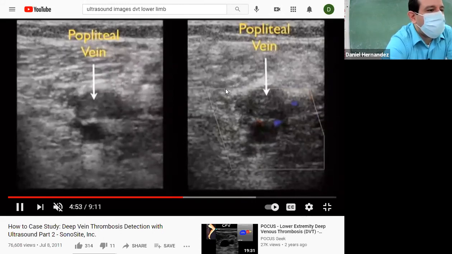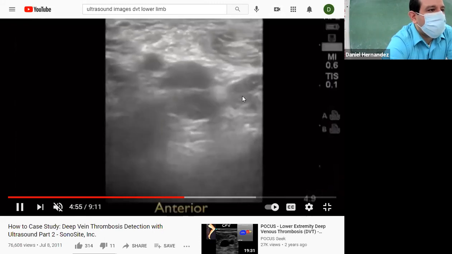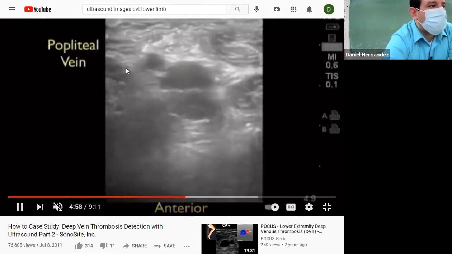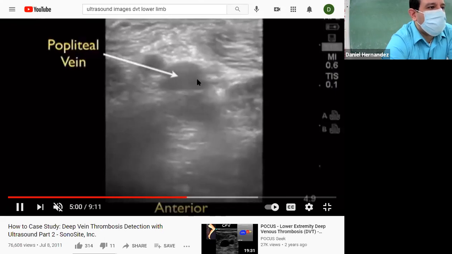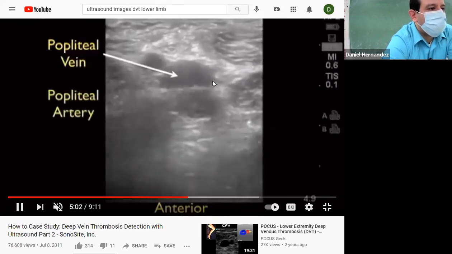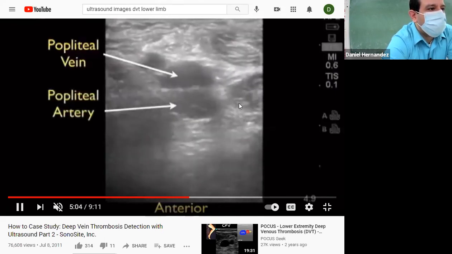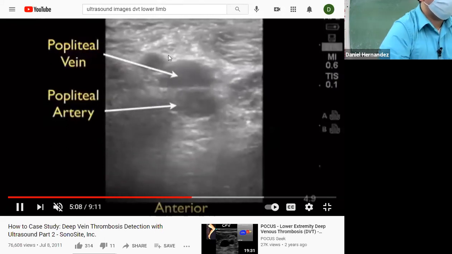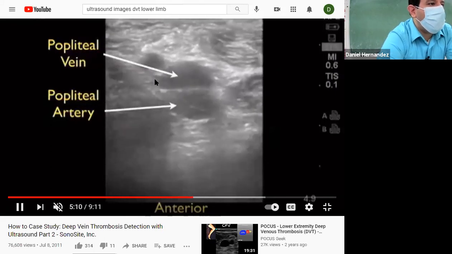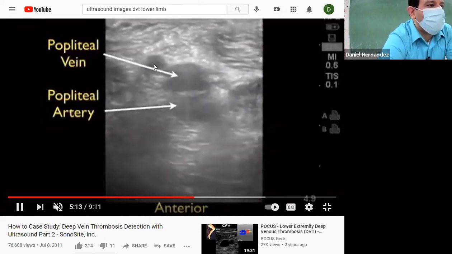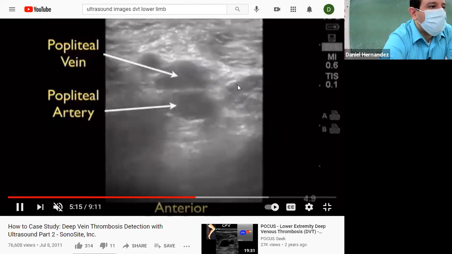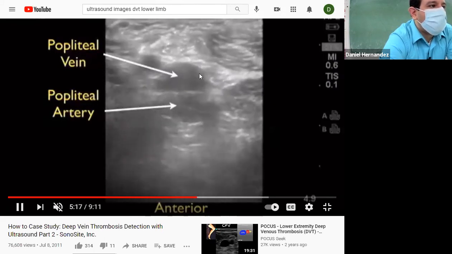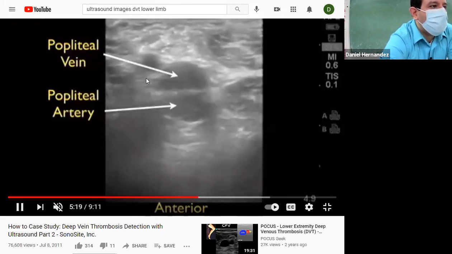It's more heterogeneous. Again, you can see it's non-compressible. This other vessel here probably is the gastrocnemius vein, which is also thrombosed, back here in the popliteal. So this other one off to the side.